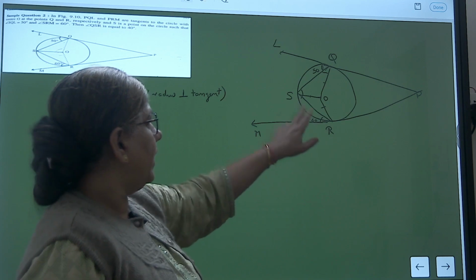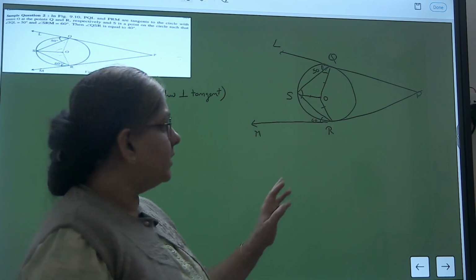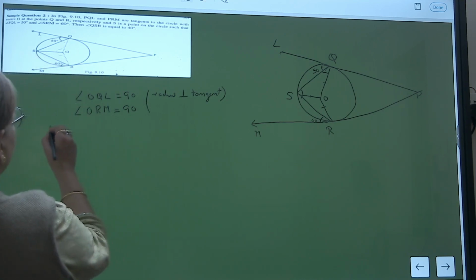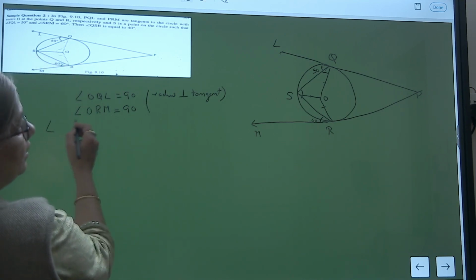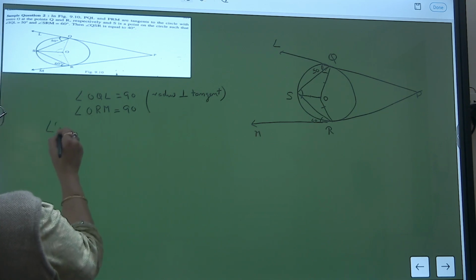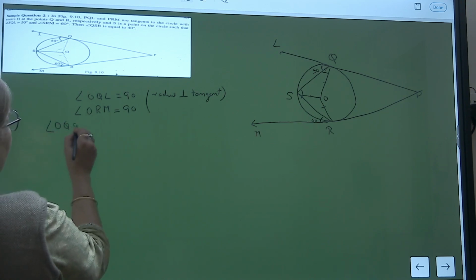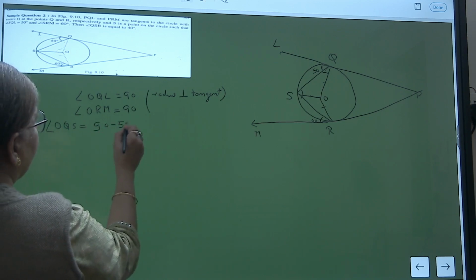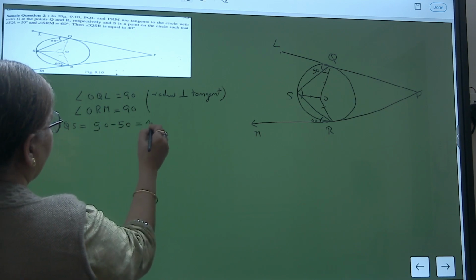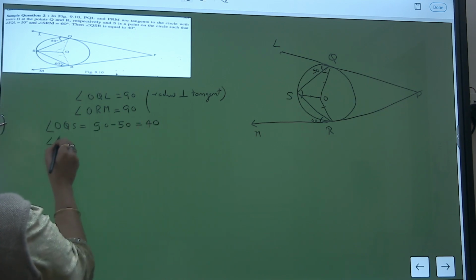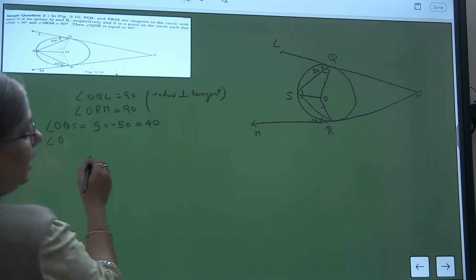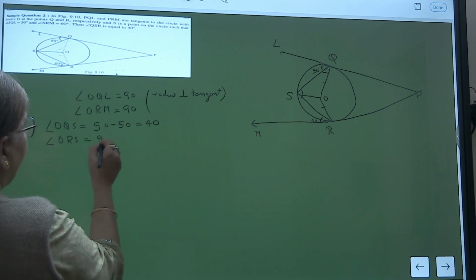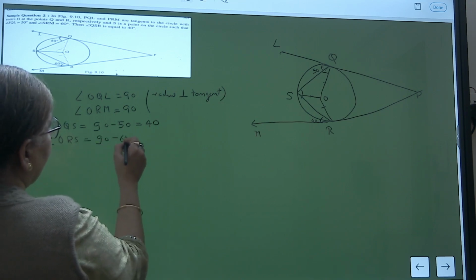Similarly, ORS will be 90 minus 60, that is 30 degrees. So we'll find these two angles. Angle OQS will be equal to 90 minus 50, you get 40 degrees. Similarly, angle ORS will be 90 minus 60, that is 30 degrees.